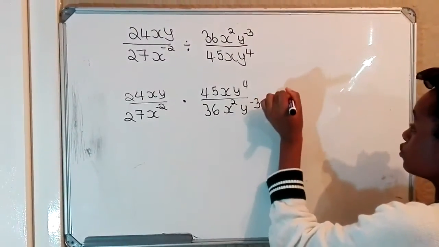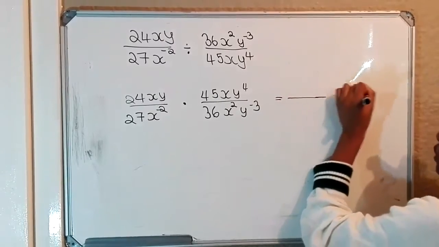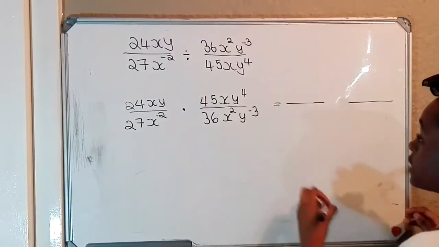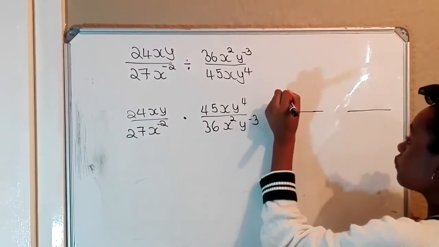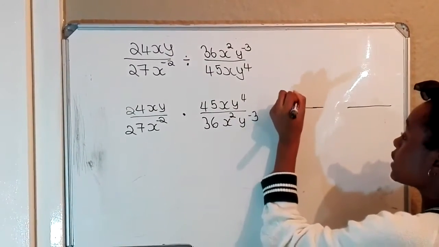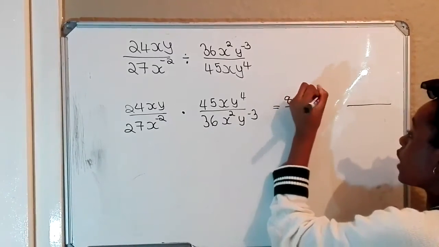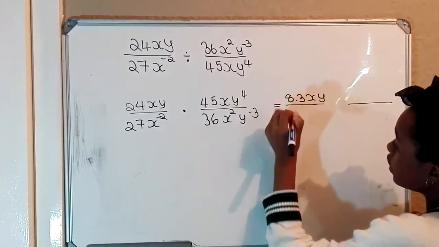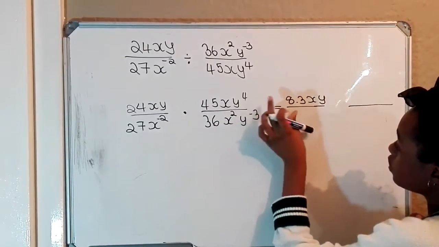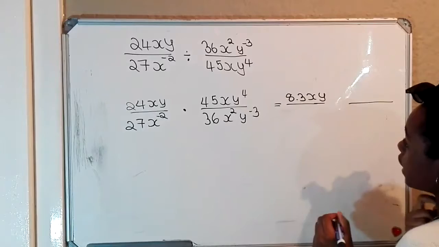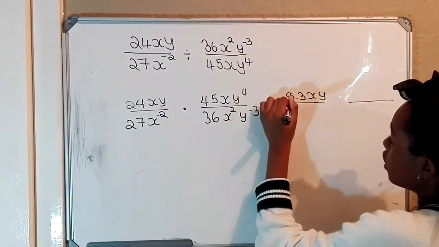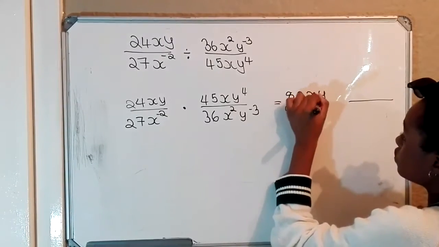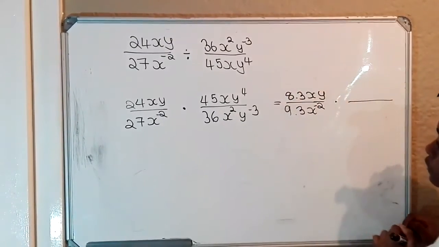So before I do this, I'm going to put 24. We can say 8 times 3 xy. 27 is the same as saying 9 times 3 x^-2, multiplied by 45.